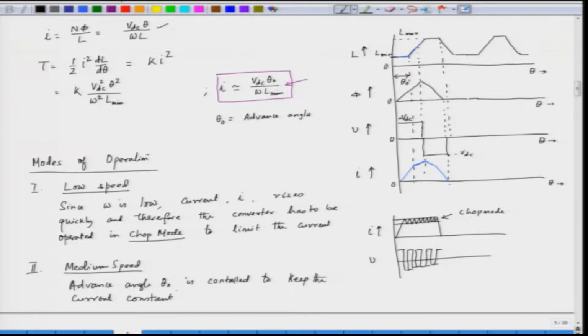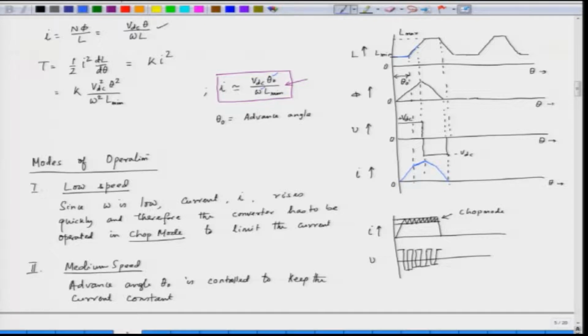So, we have this equation here, that to keep the current constant, we have to increase theta naught in conjunction with omega. So, as the speed increases, theta naught is also increased to keep the current constant.